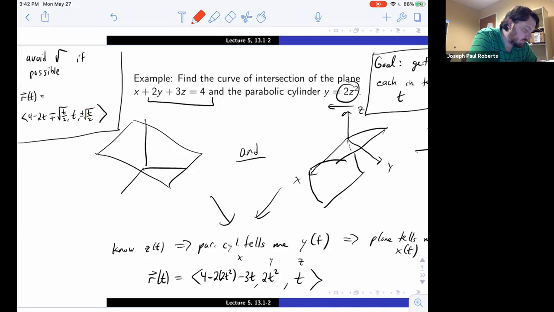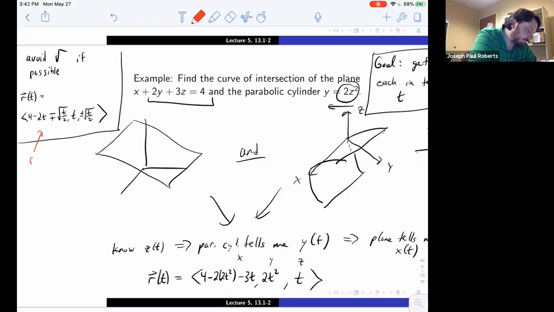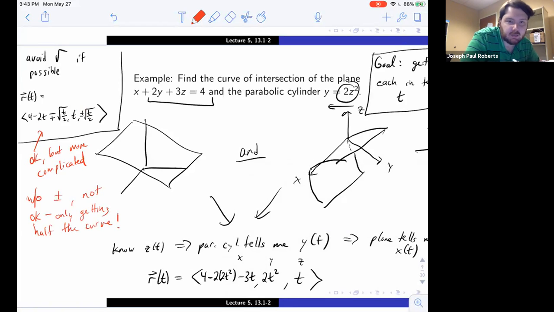So this is okay, but more complicated. And without plus minus, it's not okay, since you're only getting half the curve, as I showed you at GeoGebra a second ago.